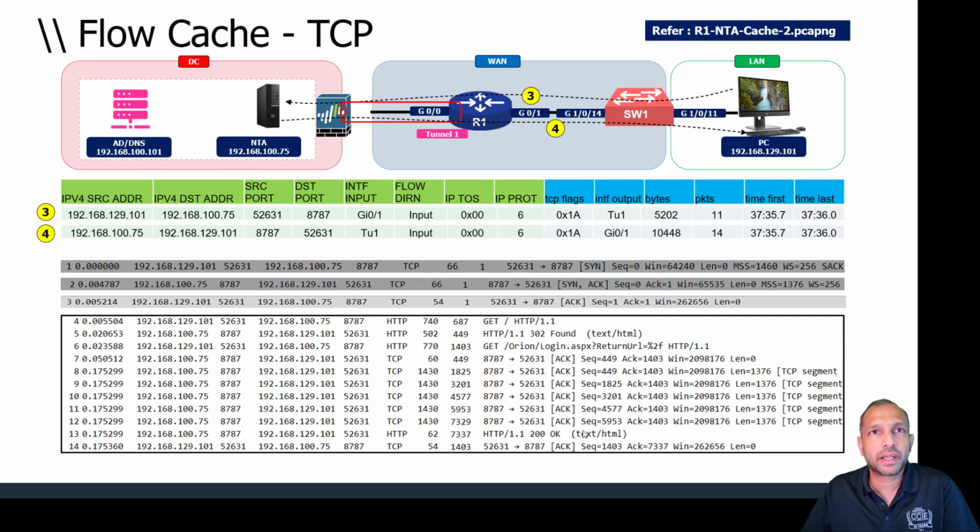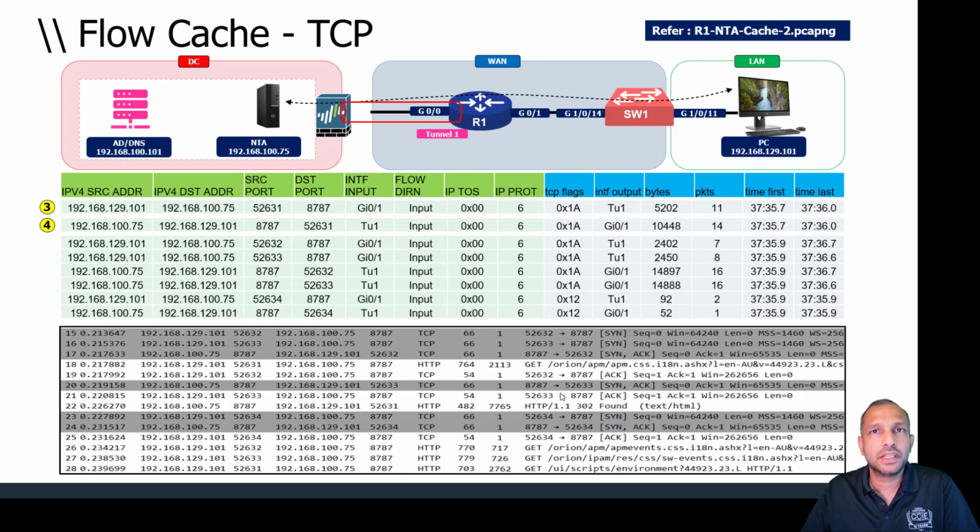Further in this packet capture, from packet 15 onward, there will be a different TCP port number. That means the client is trying to establish multiple TCP sessions using different port numbers. Previously we had flows 3 and 4; now packet number 15 will be port 52632.